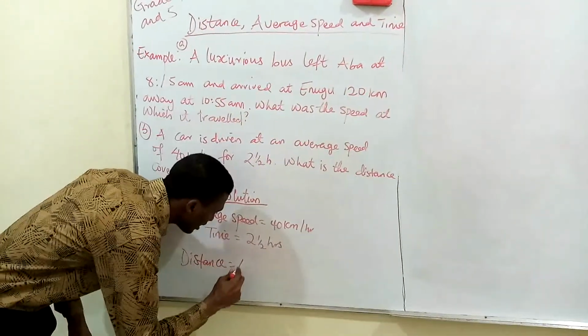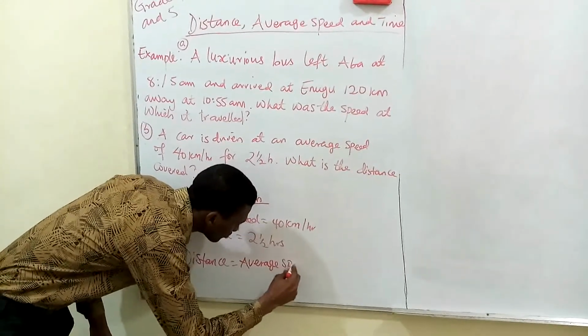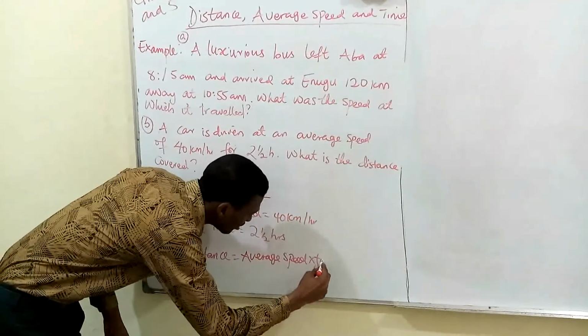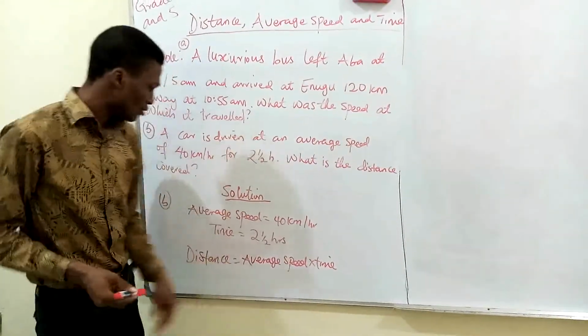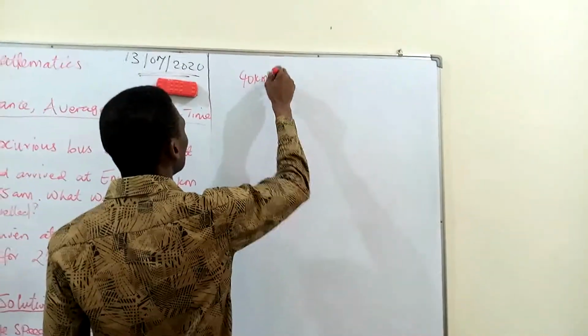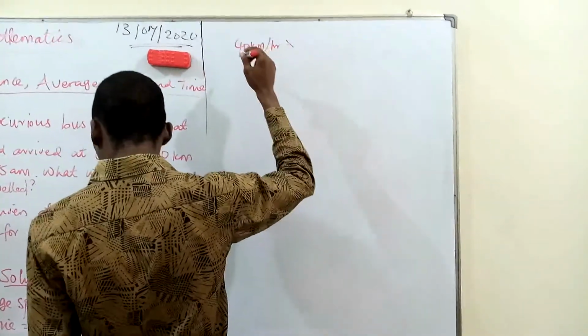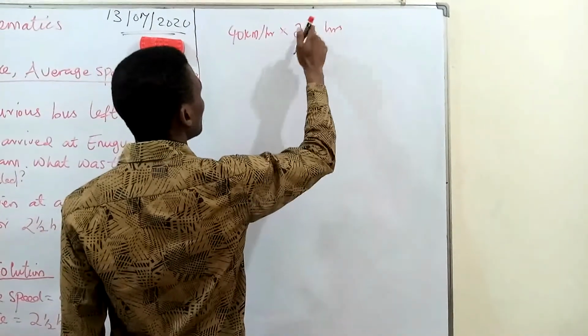So we say our distance is given as average speed times time. We have 40 kilometers per hour, that's our average speed, times our time of 2.5 hours.